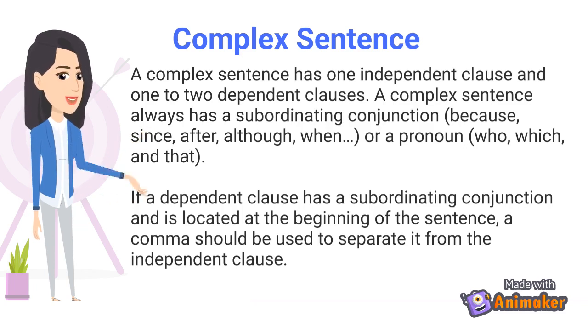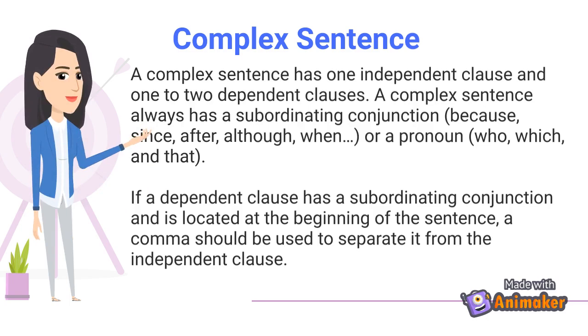A complex sentence always has a subordinating conjunction such as because, since, after, although, and when, or a relative pronoun: who, which, and that. If a dependent clause has a subordinating conjunction and it is located at the beginning of a sentence, a comma should be used to separate a dependent clause from the independent clause.